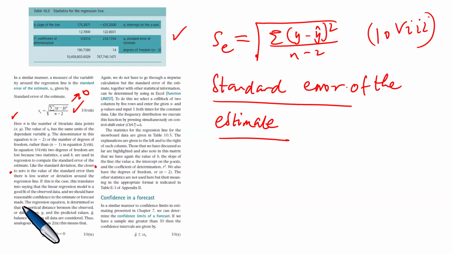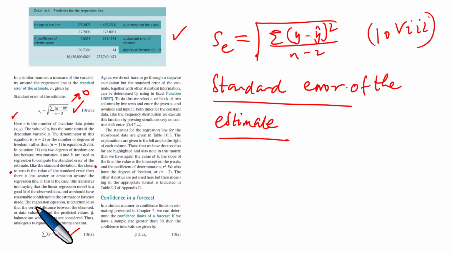The regression equation is determined so that the vertical distance between the observed data values y and the predicted values y hat balance out when all data are considered. Thus, analogous to equation 2, this means that you'd have that this would be the case.